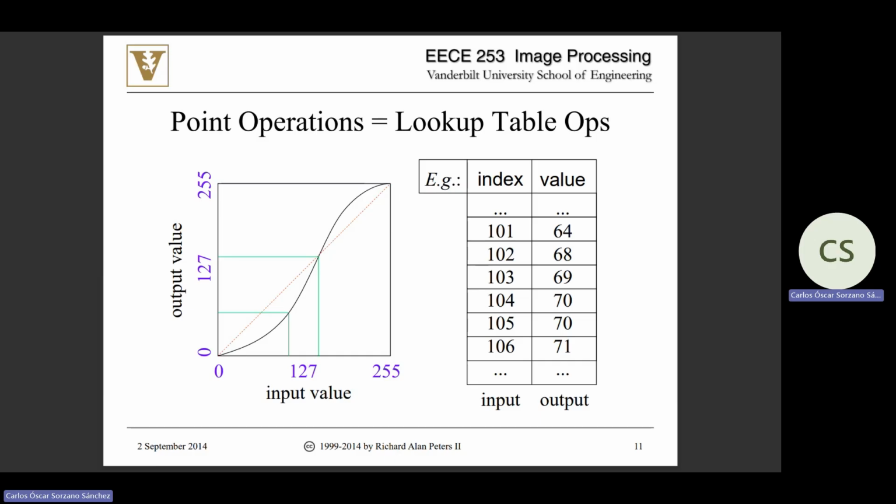We don't have it here, but 103 by 69 and so on. This is our function, and we will give more ideas about its shape. We see that it is different from this diagonal line. The diagonal line is the identity transformation, so it is no transformation at all. Here we see where we are below identity and where we are above identity.